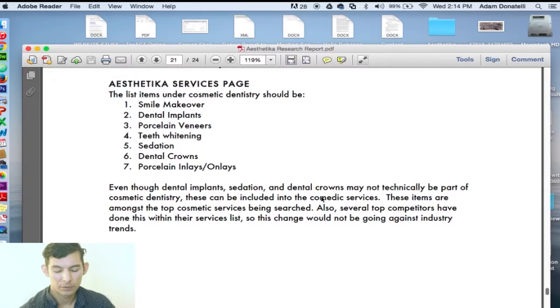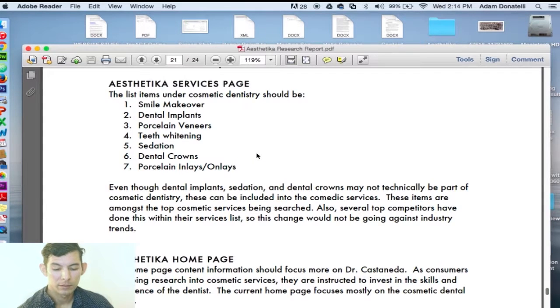Okay, so now what I get into is the suggestions that I'm wanting us to take in order to improve the site and better optimize and better branding and positioning. So for the navigation, obviously we need to change that up a little bit and include the top 3 services.